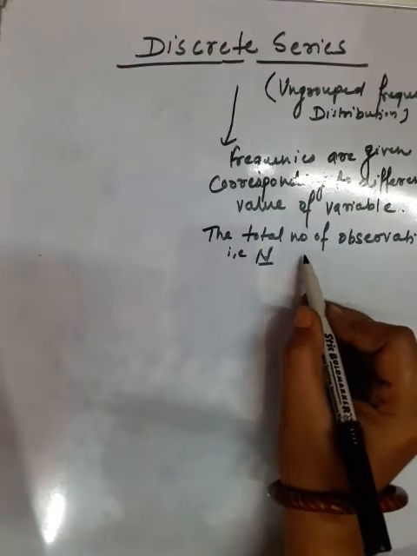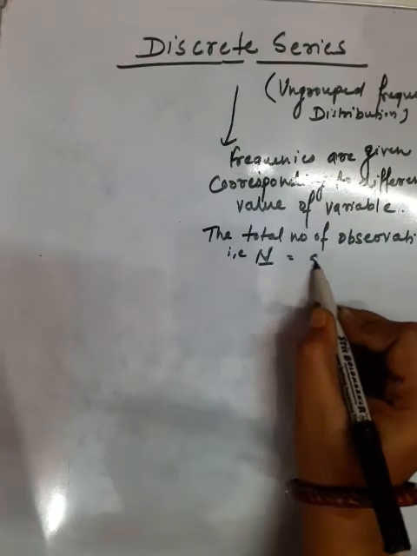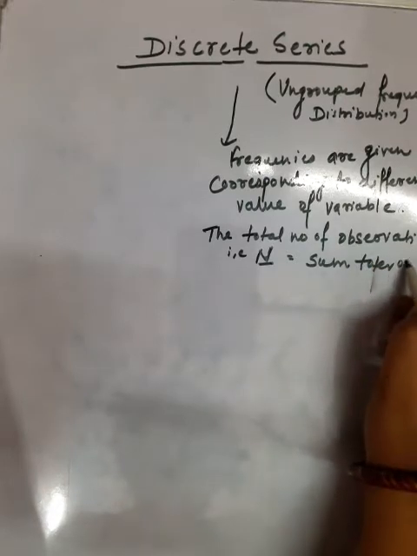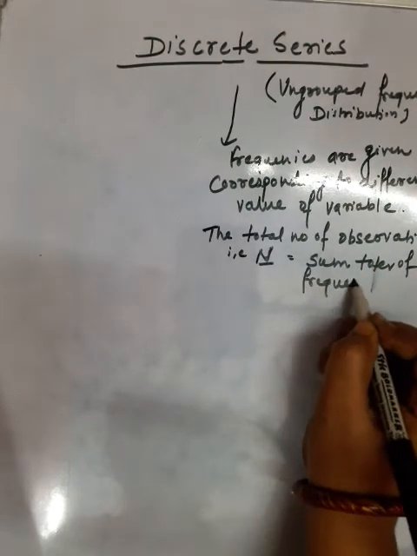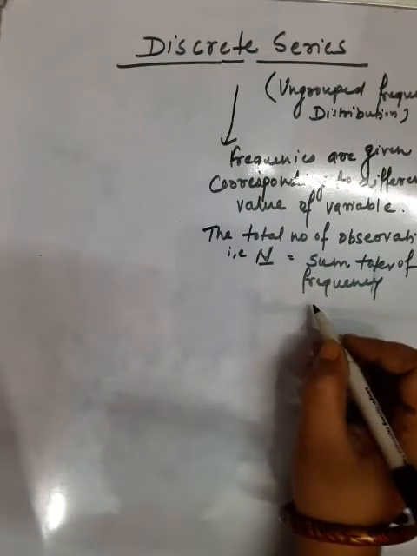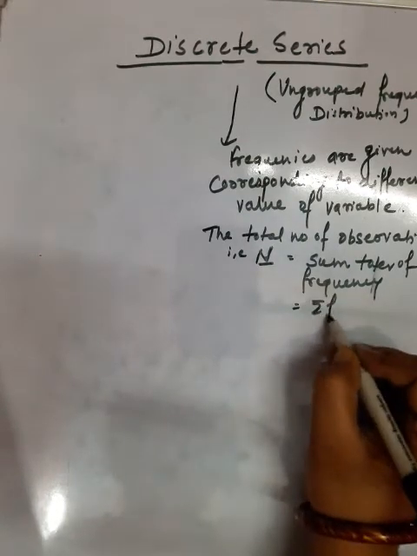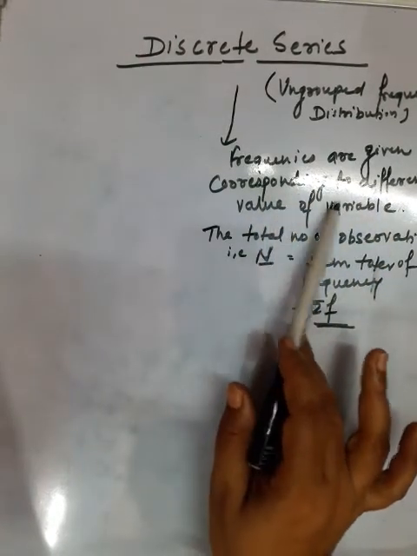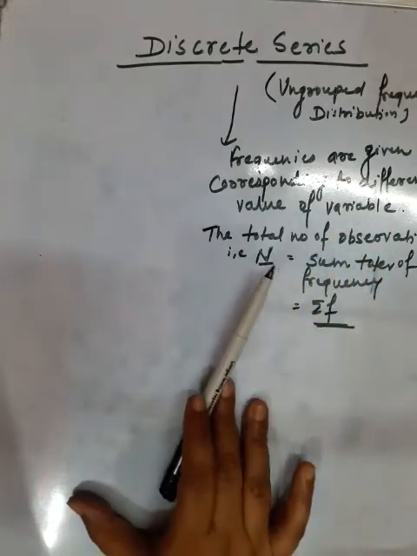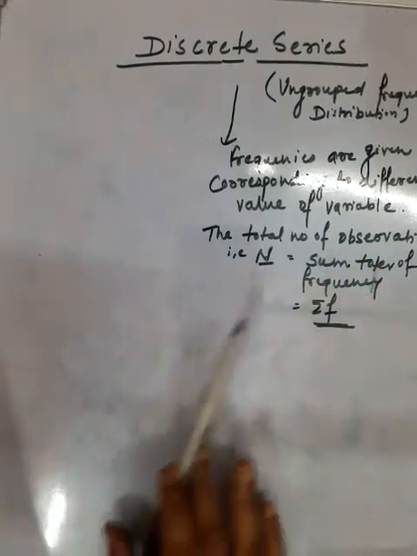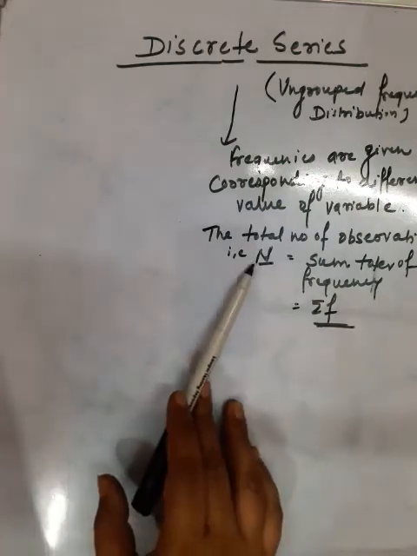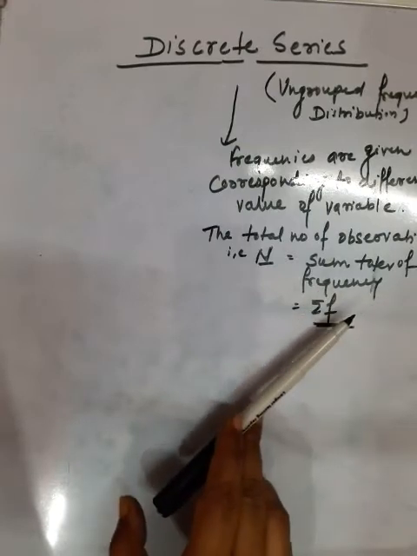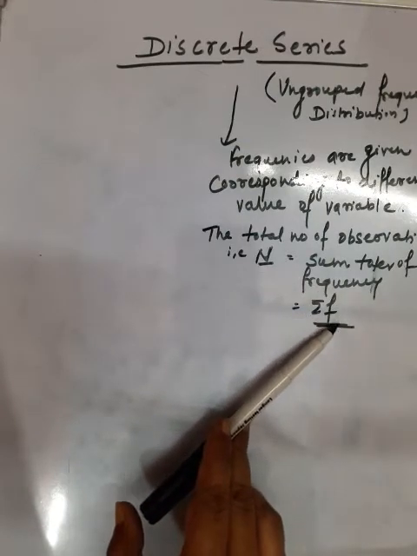Here in discrete series, n equals the sum total of frequency, that is summation of f. Frequencies are given corresponding to different values of variable.